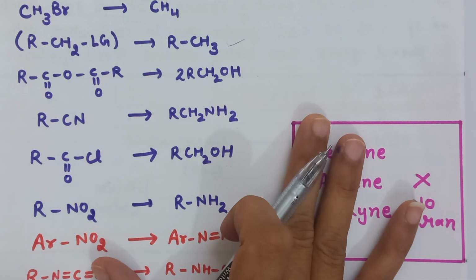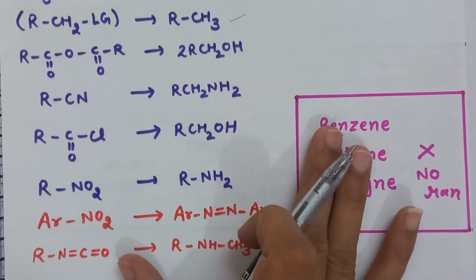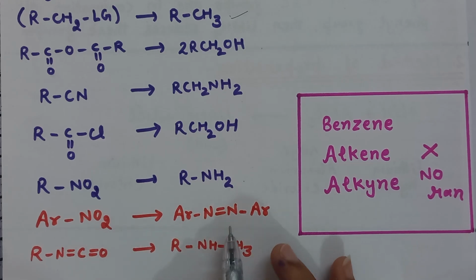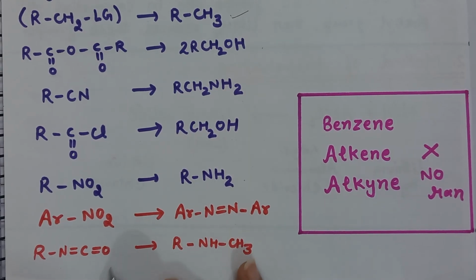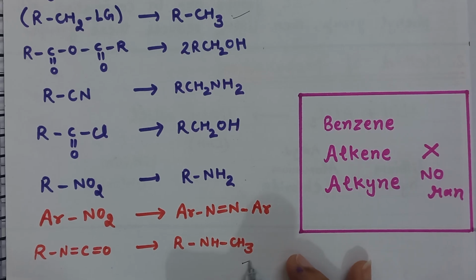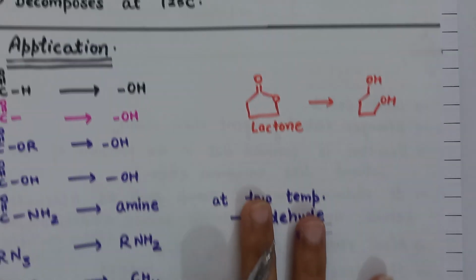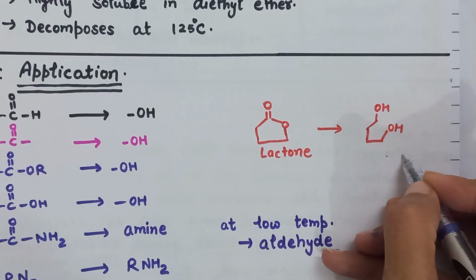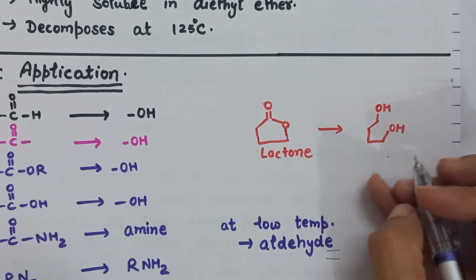It can also reduce the nitro group to the amine. But if we have an aryl nitro compound, it gets reduced into the diazo compound. Isocyanate can also be reduced to the amine in the presence of lithium aluminum hydride. Lactone can also get reduced with the help of lithium aluminum hydride, and it gets reduced to the diol.